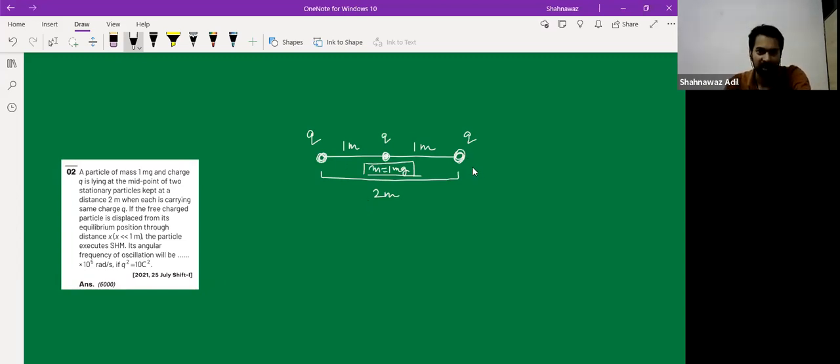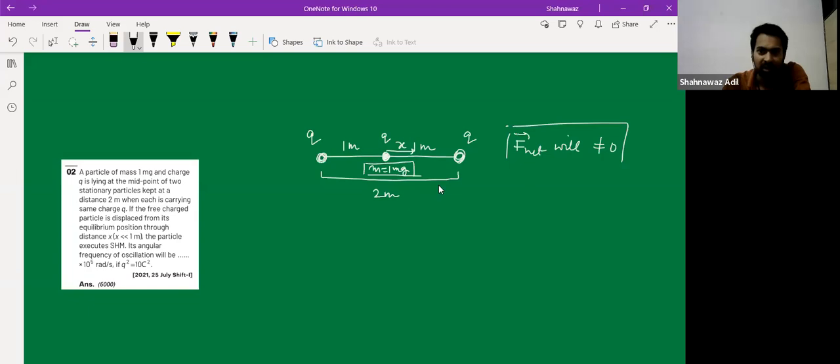Okay. Now what they did is they displaced this q charge by some distance x, right? So if this is moved, then the force will change. F net will change, right? So this will no longer be at equilibrium.